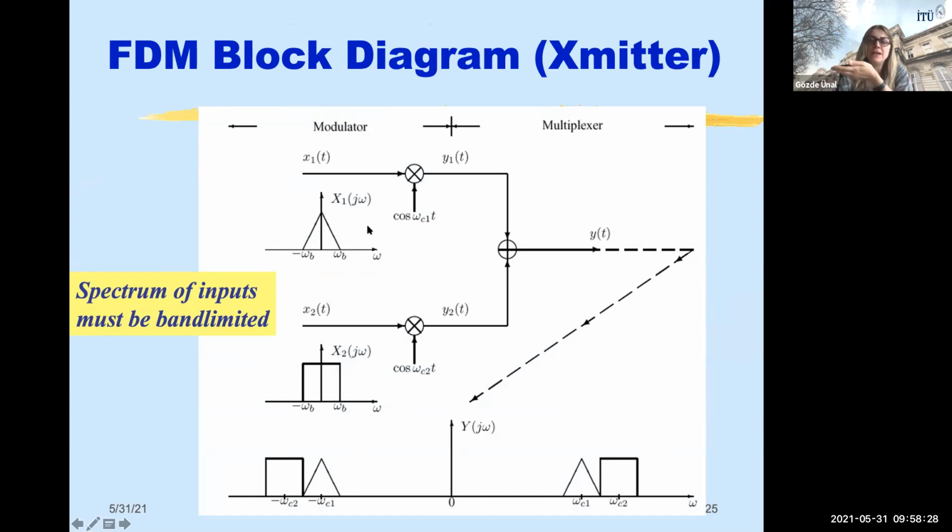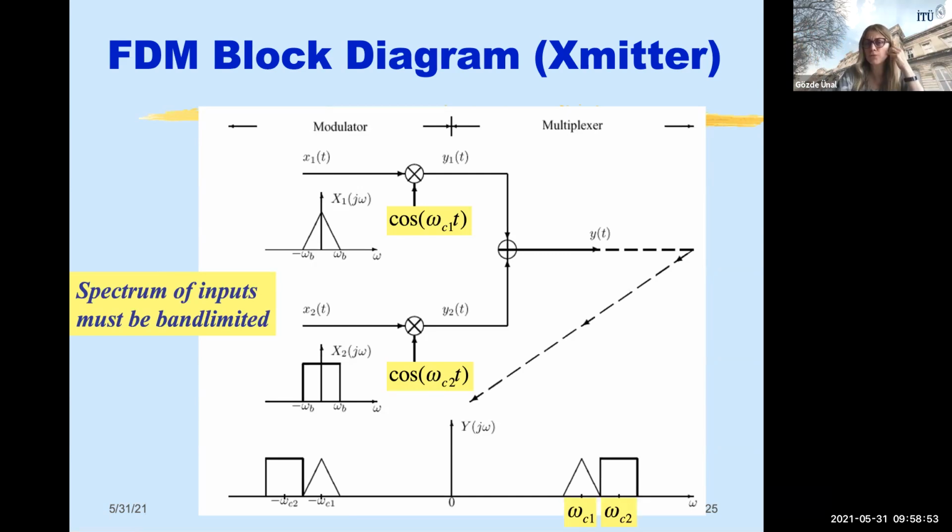For instance, the signal in AM radio channel 1 will be modulated by cosine ωc1 t. The signal in the second channel should be modulated by ωc2 t. Do you see what I'm saying? Then they will be placed in this frequency spectrum, hopefully not overlapping. You have to be careful.